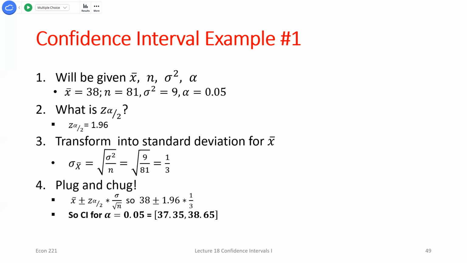So we'll start out with alpha. We have to remember that when we go to the table, we should be looking up alpha divided by 2. So that was where you went wrong. We should have been looking up 0.025. Yep.